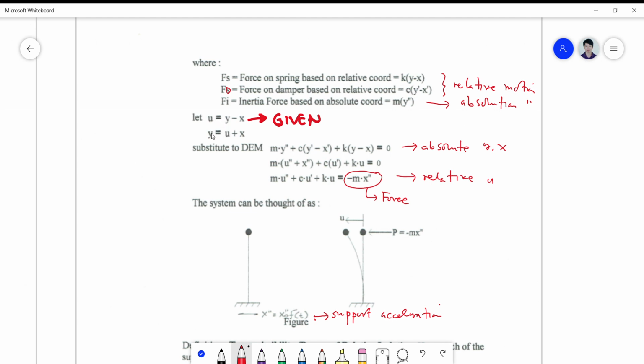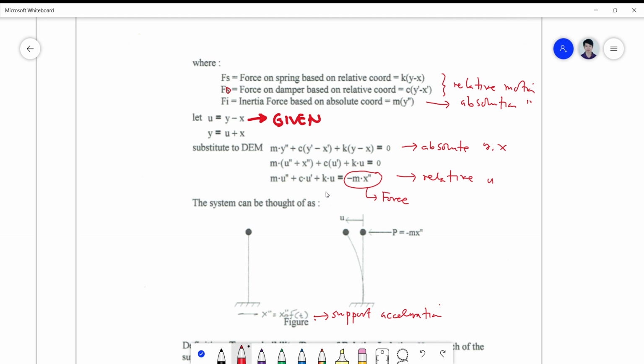So if we substitute this relative variable u in terms of y, or y in terms of u, we can now come up with this transformation from the absolute x and y variables to a relative u variable. Okay, so we ignore the absolute variable x simply because, again, as I have said, this is a known variable.